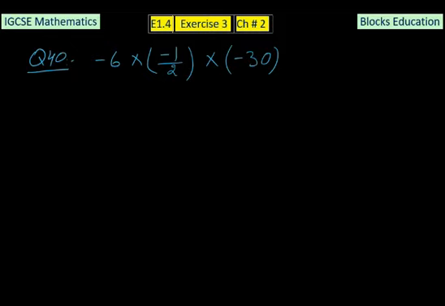In the last question of exercise 3, question number 40, it says minus 6 multiplied by minus 1 over 2 multiplied by minus 30. So just do it step by step. Let's do these two together first.